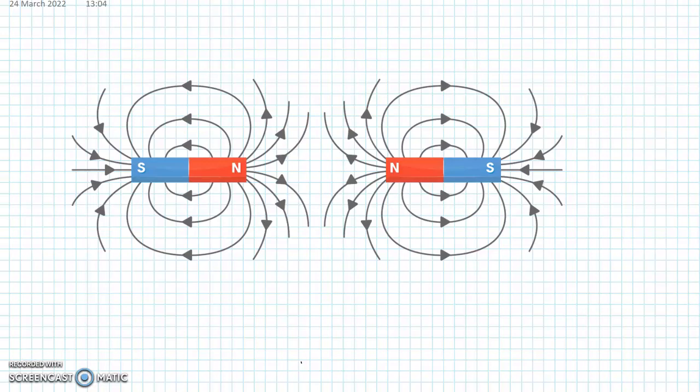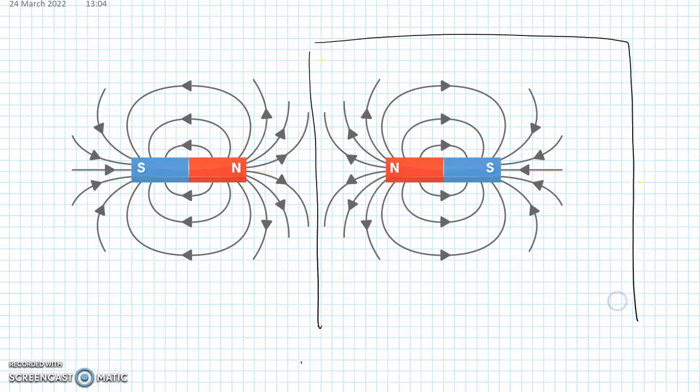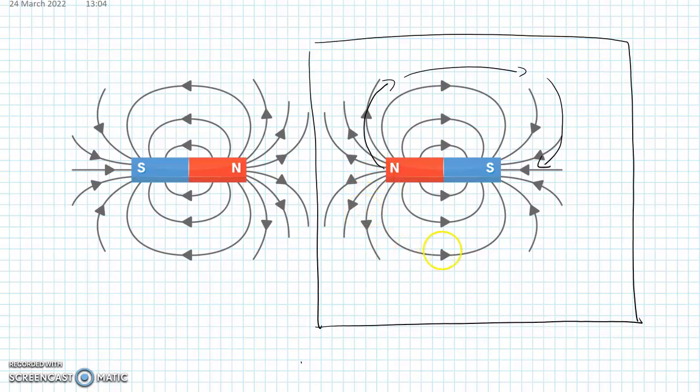Here we have two magnets placed side by side, but if we focus on just the one for now, which I'll draw a box around here, we can see that the lines of flux flow from north to south. The more lines of flux a bar magnet, or any magnet for that matter, produces, the stronger the magnetic field.